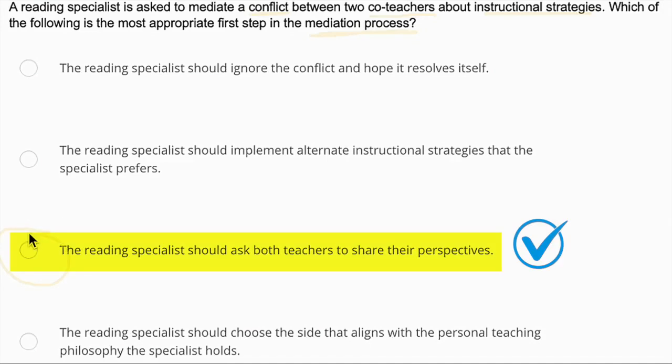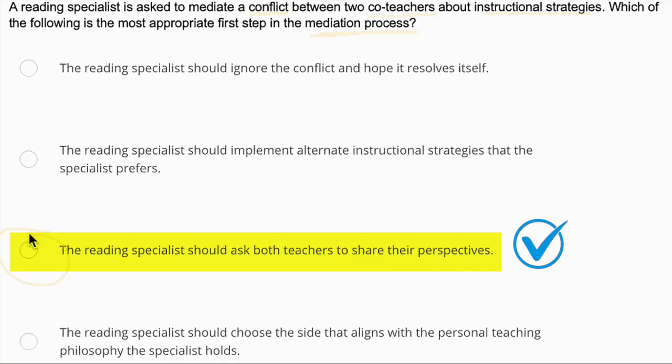Well, the reading specialist undergoing this particular strategy ensures that both teachers feel heard, and that's a crucial component of the conflict resolution process. For both perspectives to be heard, greater understanding is fostered, and that's the first step to putting the conflict behind the two co-teachers.